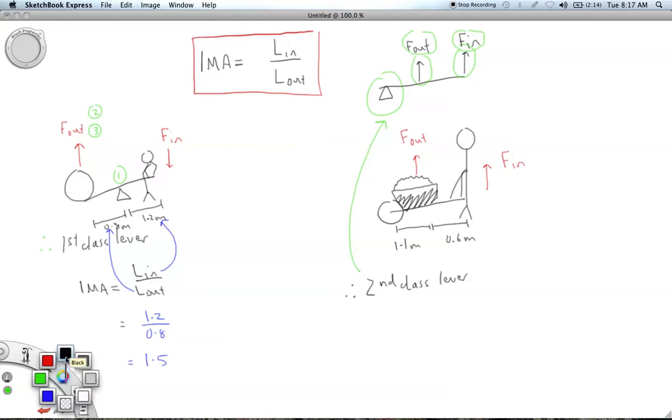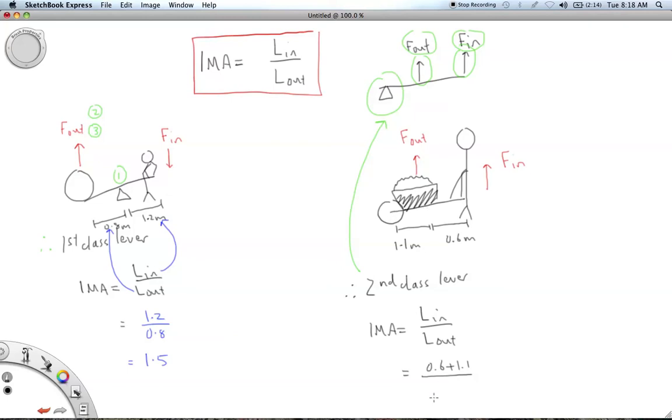Okay? Now let's calculate the IMA. So IMA is equal to the length of the input arm over the length of the output arm. So what is the length of the input arm? Well, that's from where you are all the way to the fulcrum. So that's actually 0.6 plus 1.1, because you have to go all the way to the fulcrum. The output arm is the distance from the fulcrum to the output force.